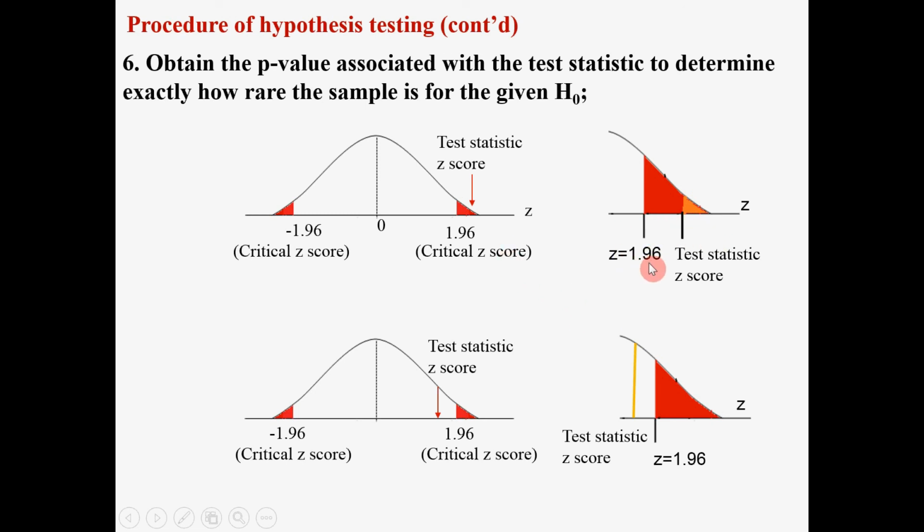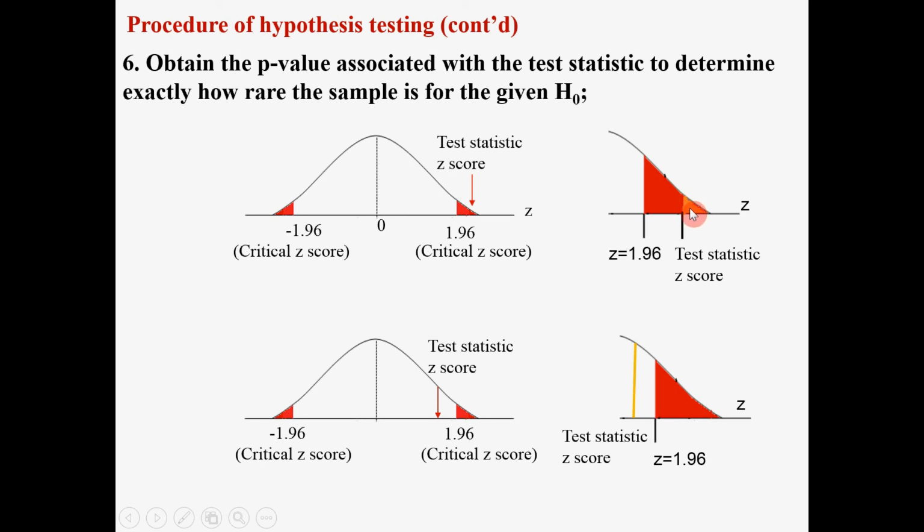Now, 1.96 is the critical z-score. Our sample mean test statistic z-score falling right here, it may be 2.58. It's larger than 1.96. So it falls in the rejection region. This particular test statistic z-score cuts the corner into a smaller corner. So within this rejection corner, this particular test statistic z-score cuts off a smaller corner, the orange color corner.